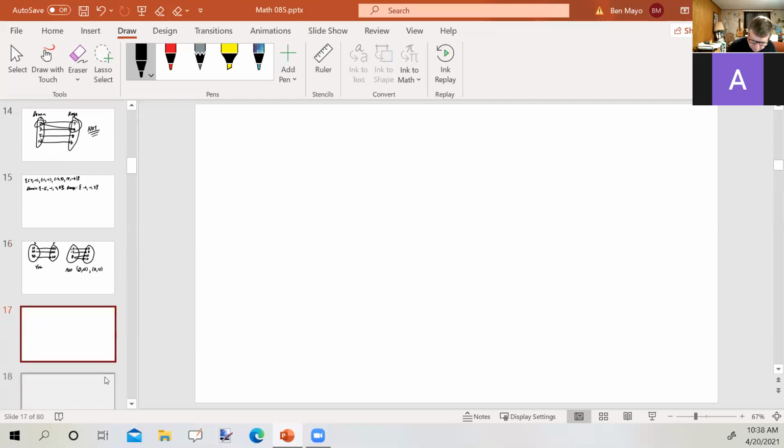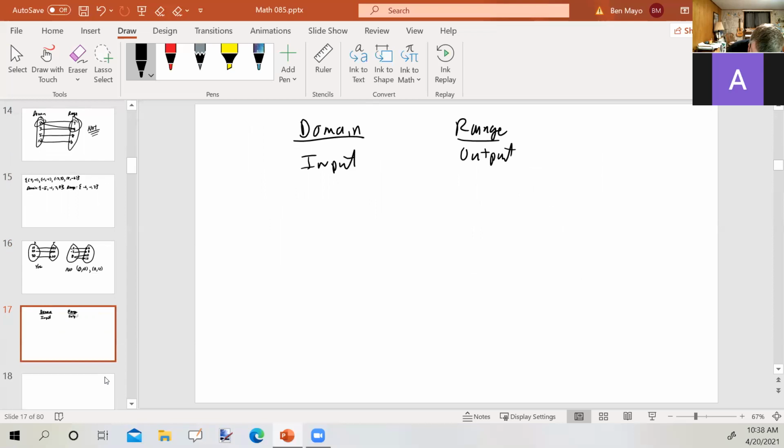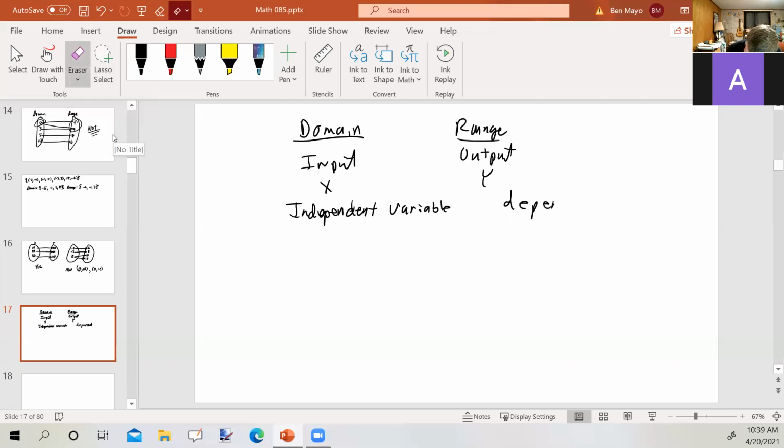Let's look at some more vocabulary. Domain, range, input, output, X, Y. Independent variable and dependent variable.